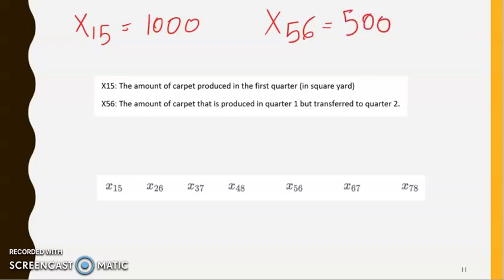It means that in the first quarter, they have produced 1000 square yards of carpet, and 500 of them are transferred, are sent to quarter 2. So the remaining 500 are used for the demand for quarter 1.